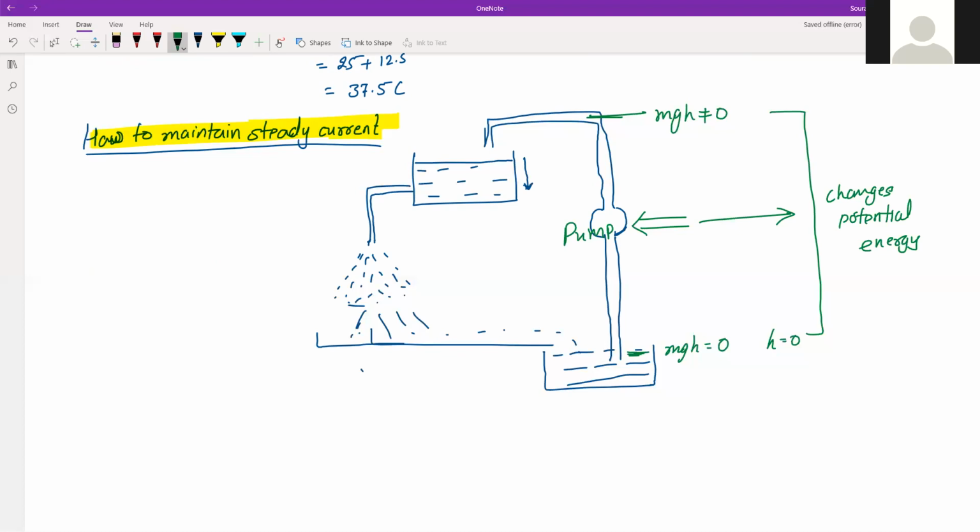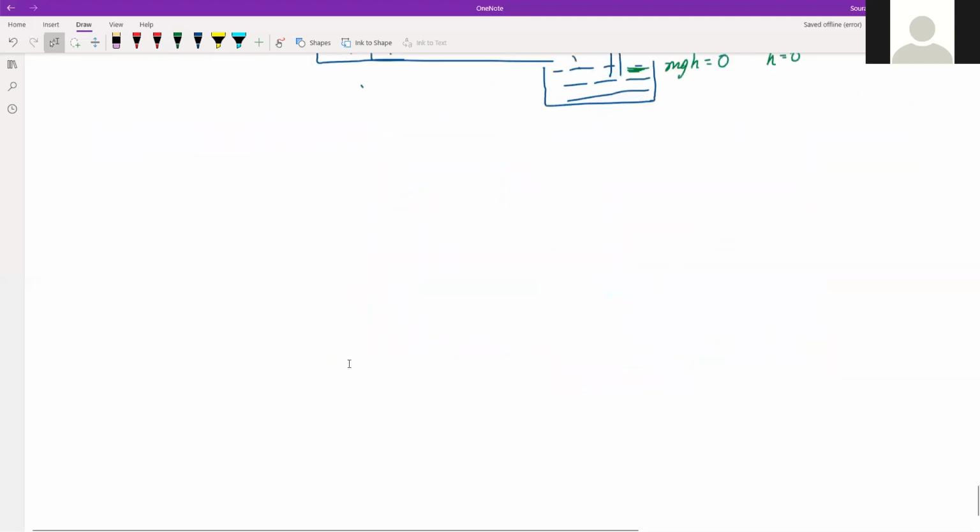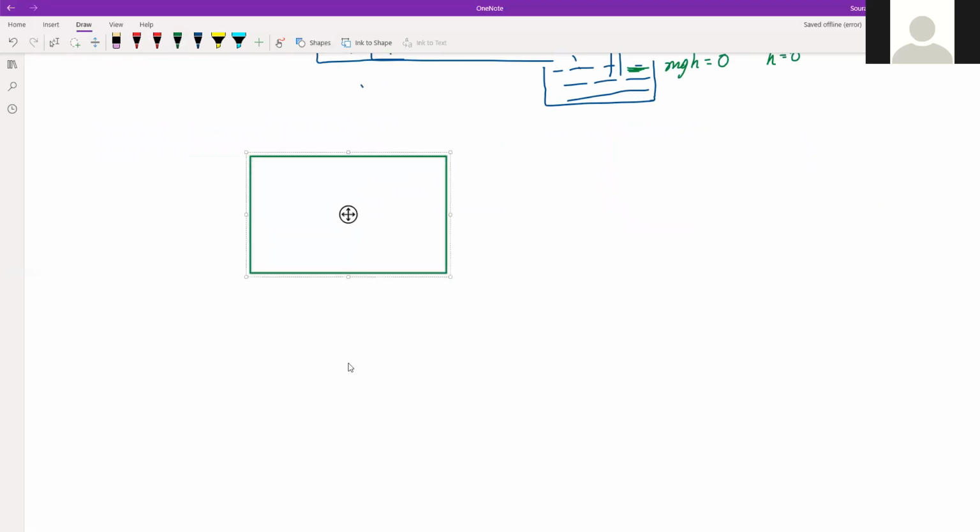So similar sort of thing, we need to maintain a steady current as well in our electrical circuits. And what is that? That is actually called a cell.